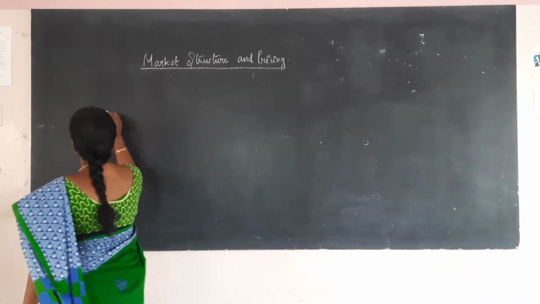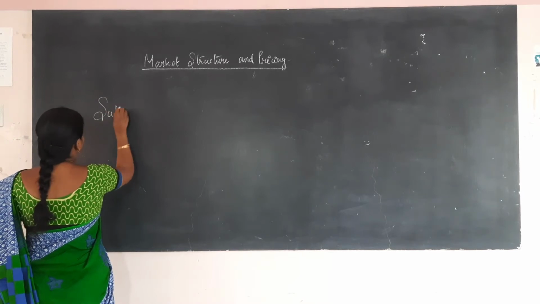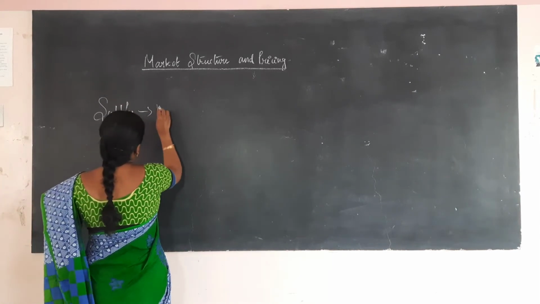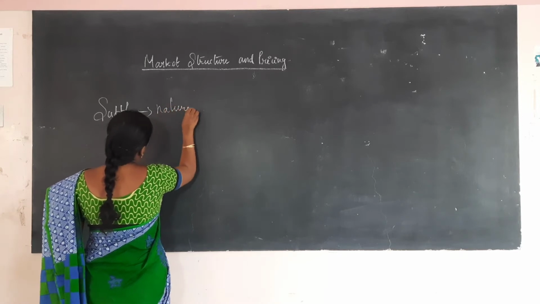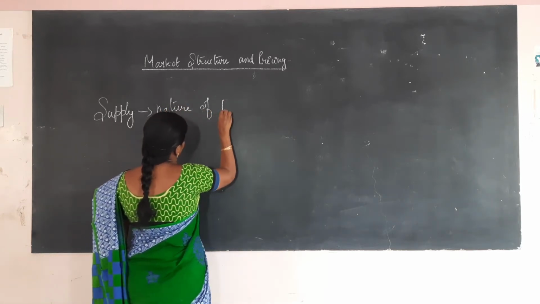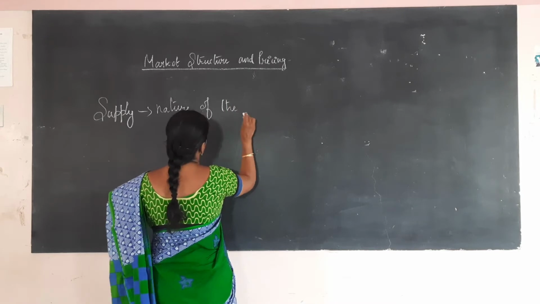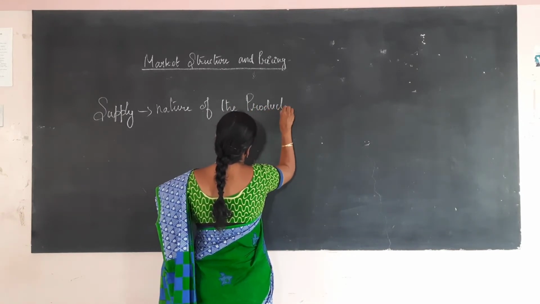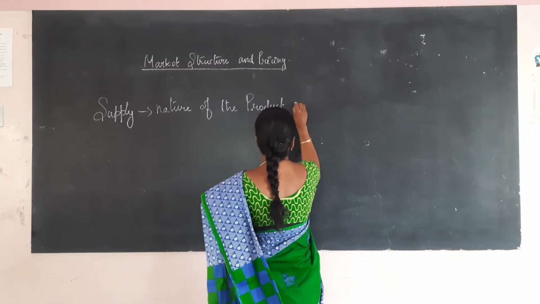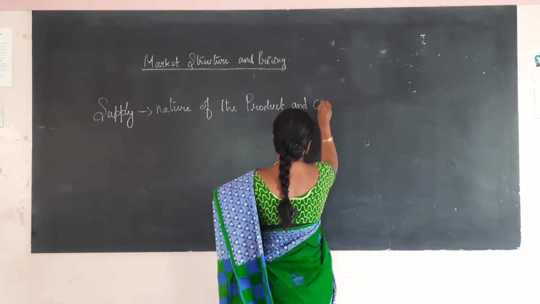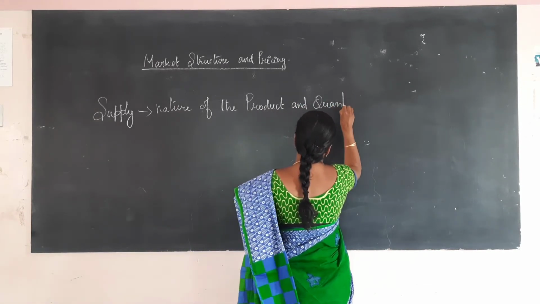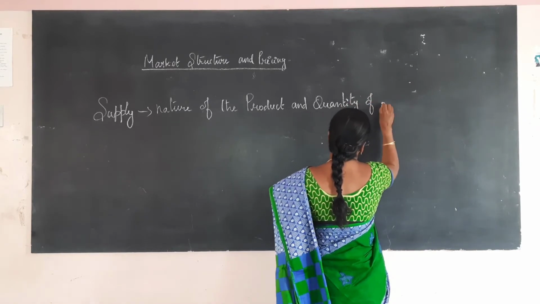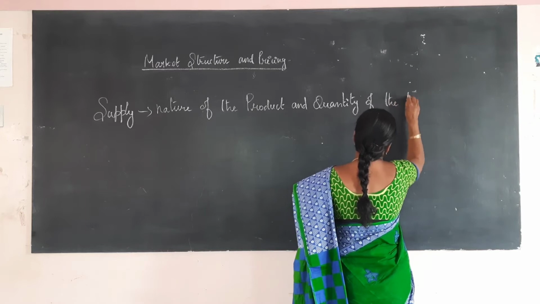Demand, supply, nature of the product, and quantity of the products.